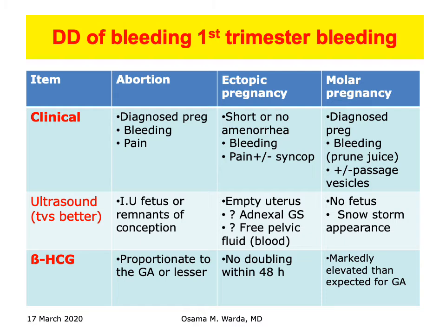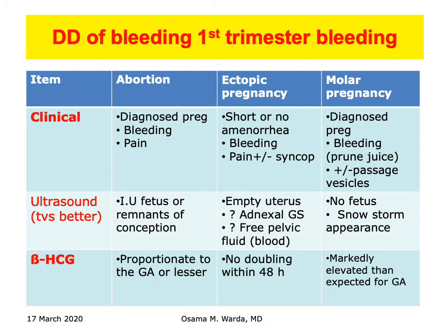With ultrasound, in abortion, intrauterine fetus or remnant of conception. In ectopic pregnancy, empty uterus with or without adnexal mass, which is a chain sac, with free fluid in the Douglas pouch. With molar pregnancy, there is no fetus in complete mole, or maybe a fetus with partial mole.